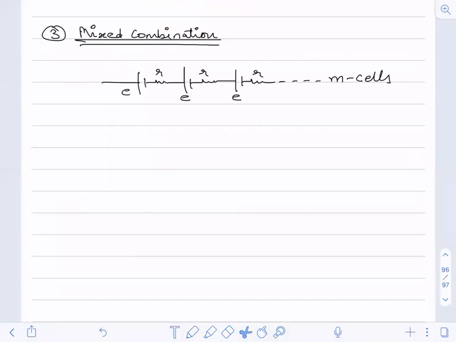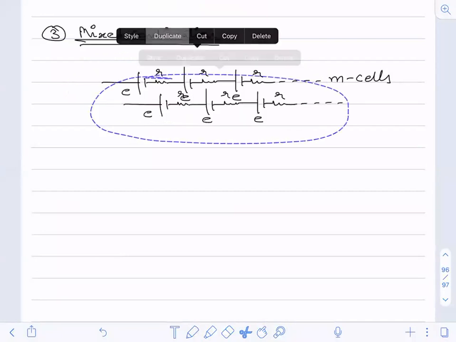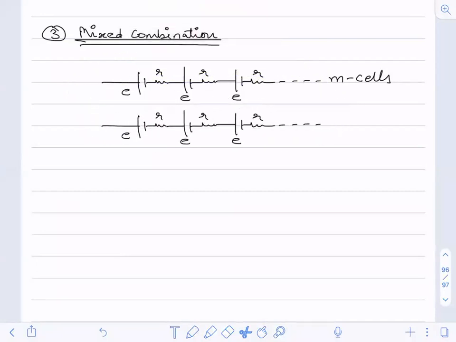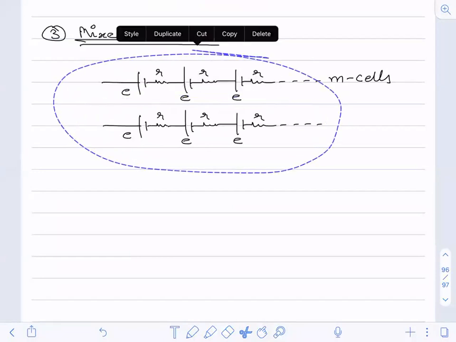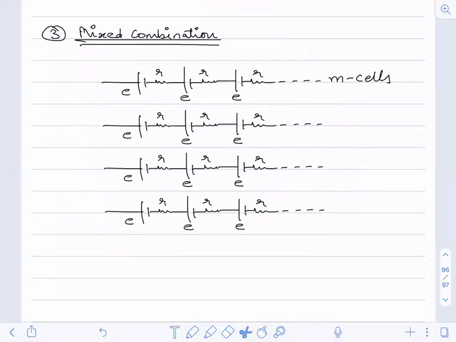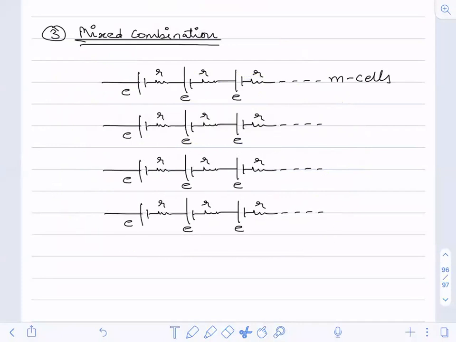Now this is one row that I have drawn here. Like this you'll be having so many rows. Can you visualize it now? And they all will be connected like this.